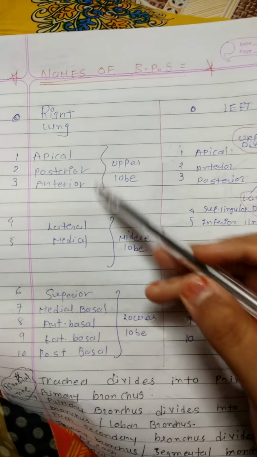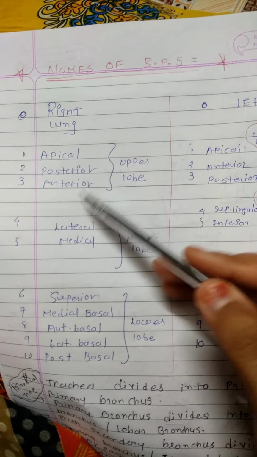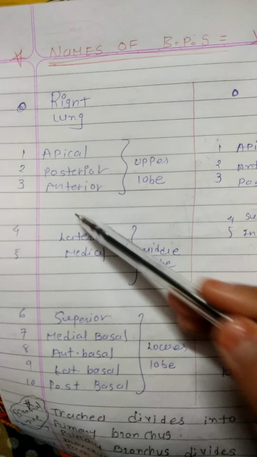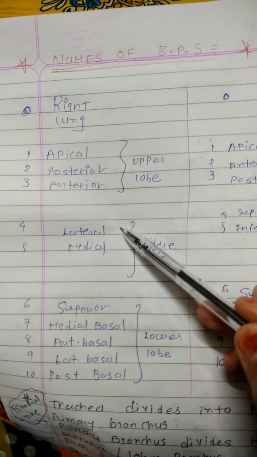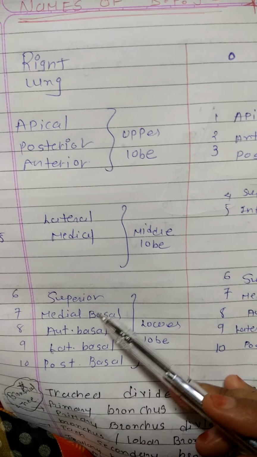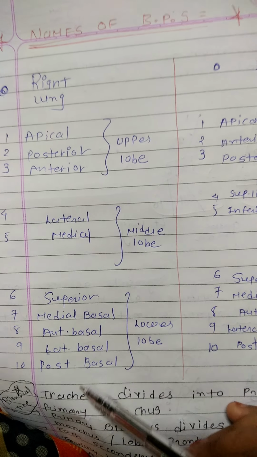Then the segments: each lung has 10 segments. The upper lobe has 3 segments, apical, posterior and anterior. The middle lobe has 2 segments, lateral and medial. The lower lobe has superior, medial basal, anterior basal, lateral basal and posterior basal segments.